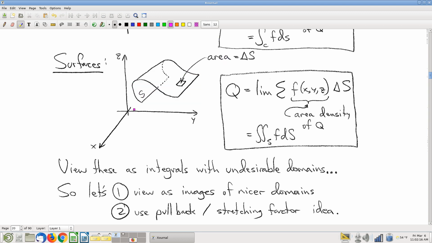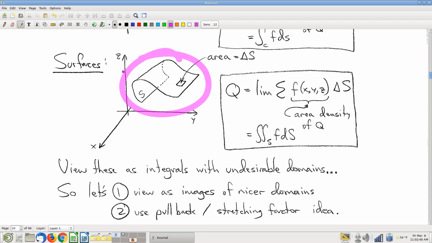Okay. Well, there's a great trick here, which is I'm going to call this an undesirable domain. Let me remind you, we already have a technique for how to deal with undesirable domains. Change of variables. Right? With change of variables, the big idea was take your undesirable domain. Maybe it's got corners and it wraps around in weird ways, whatever.